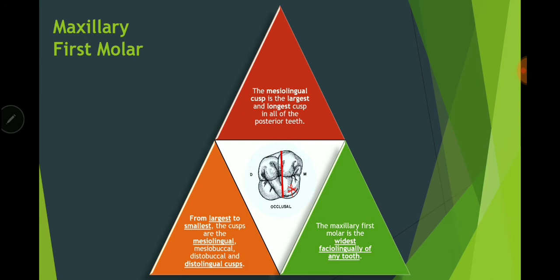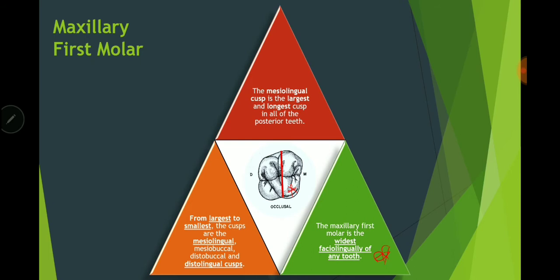And another favorite, the maxillary first molar is the widest facial-lingually of any tooth. Okay, facial-lingually, that's the red line. Facial to lingual, the widest tooth in the mouth is the maxillary first molar. Now, when they say distal mesial, the widest tooth is going to be the mandibular first molar.